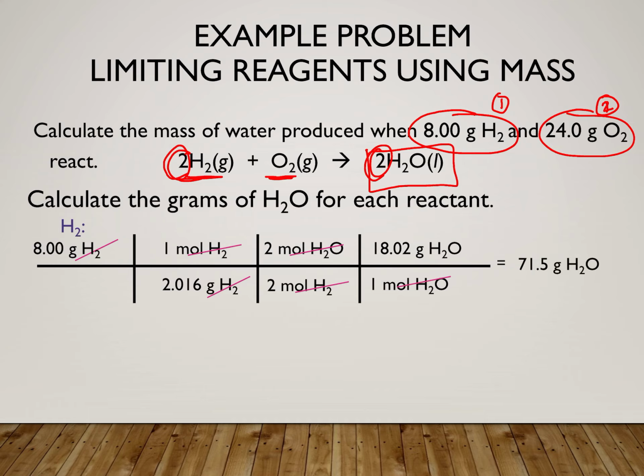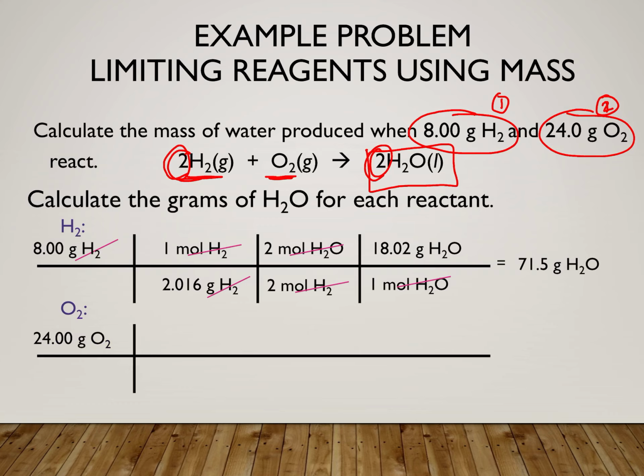So now we will do the exact same thing for oxygen. Okay, so we'll start with our 24 grams of O2. We'll use the molar mass of oxygen to go from grams of oxygen to moles of oxygen. And then we'll use our mole ratio to turn moles of oxygen into moles of water.